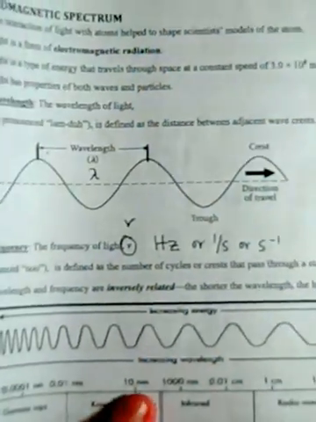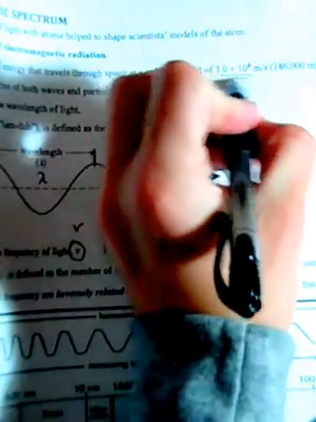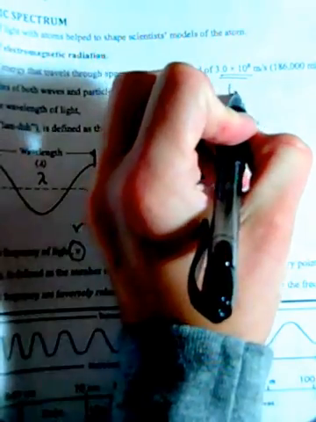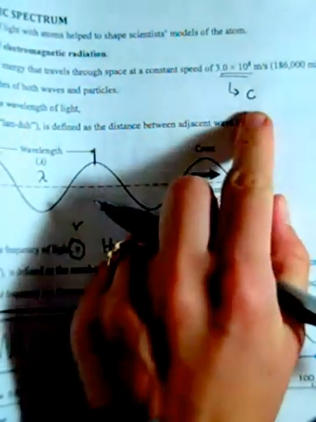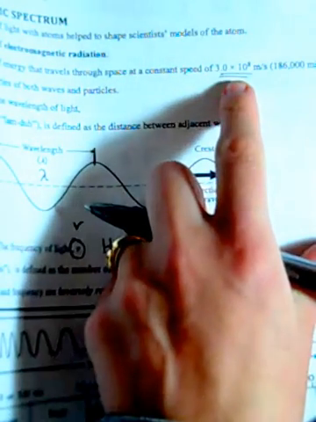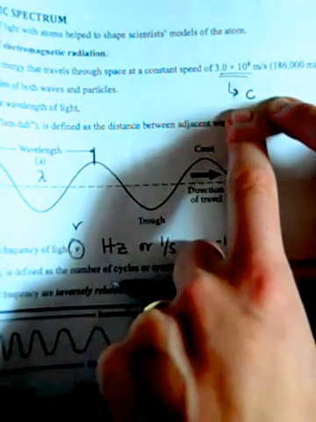Okay, so an equation we're going to use for this is the speed of light, which is denoted by the letter C. Why is it C? I don't know. Maybe because it means constant and this value never changes. So the frequency and the wavelength are all related to C, the speed of light.